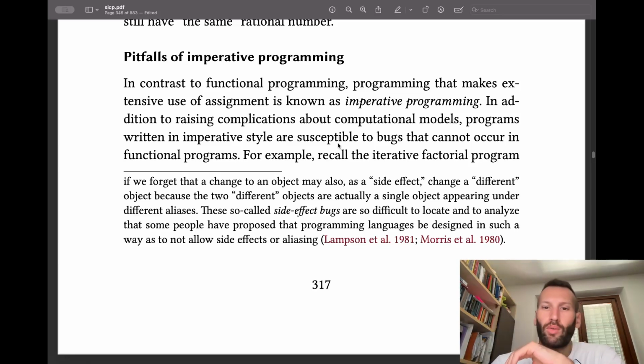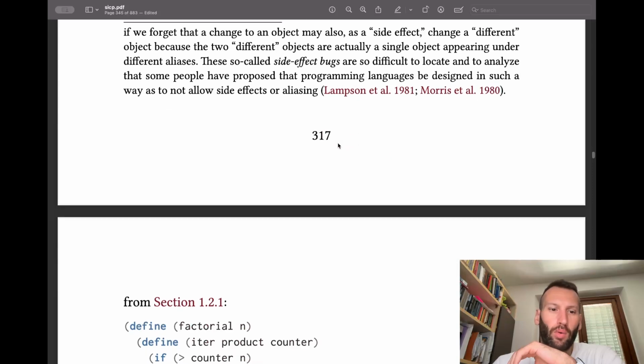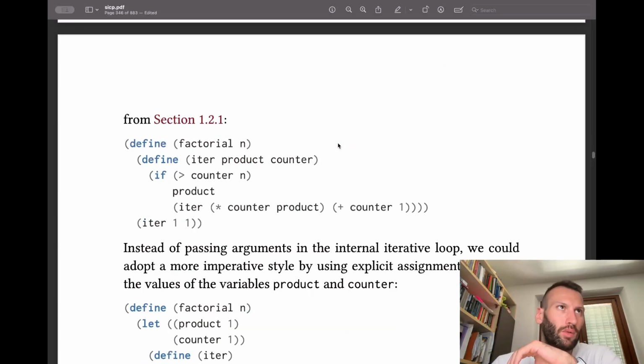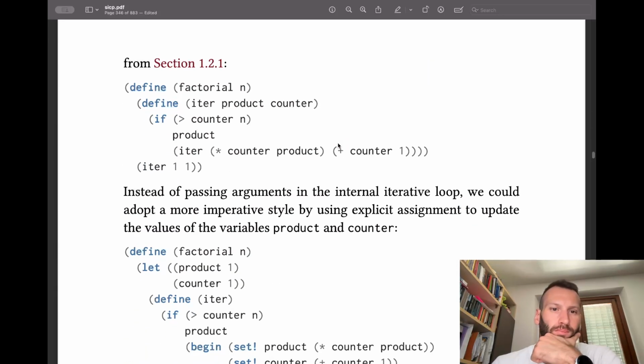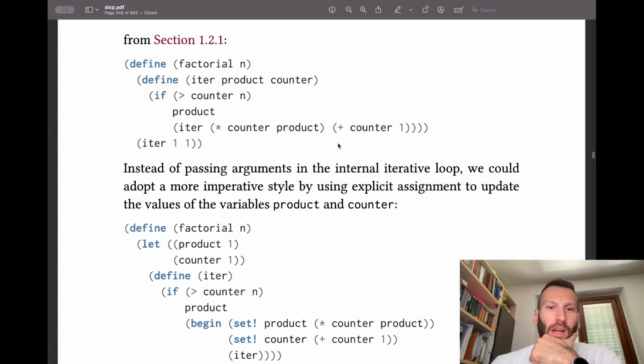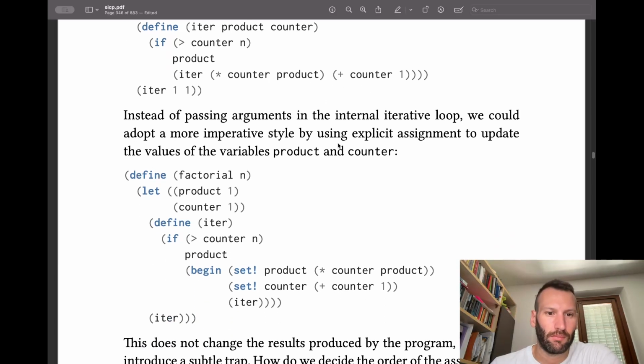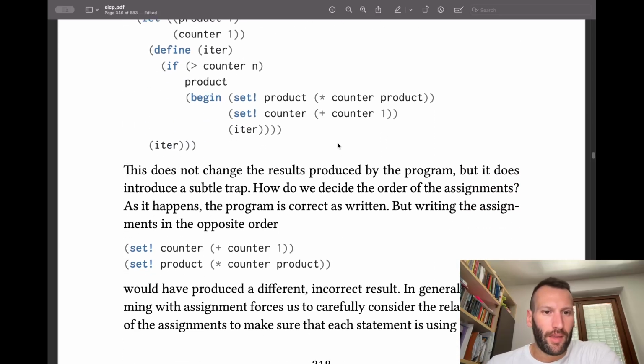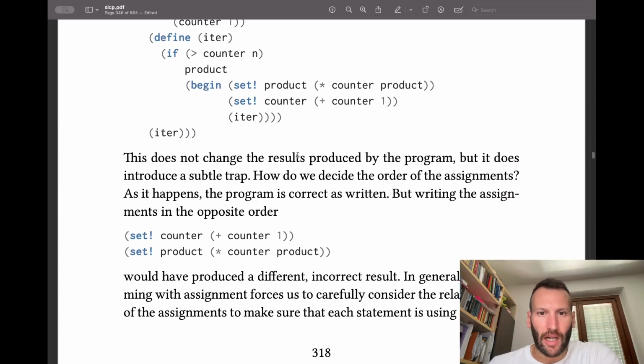For example, recall the iterative factorial program from section 1.2.1. Instead of passing arguments in the internal iterative loop, we could adopt a more imperative style by using explicit assignment to update the values of the variables product and counter. This does not change the results produced by the program, but it does introduce a subtle trap.